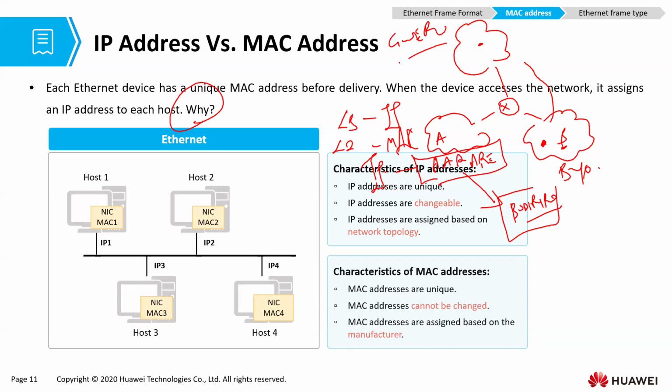So an IP address is dependent on the network where a device belongs. However, the physical address is dependent on the NIC. As long as my device is in the same NIC, even if I move from here to there, my MAC address remains the same. That's the importance.